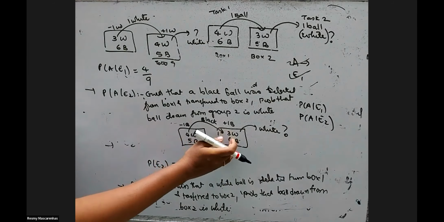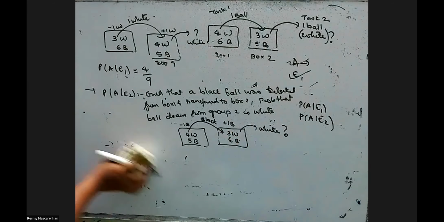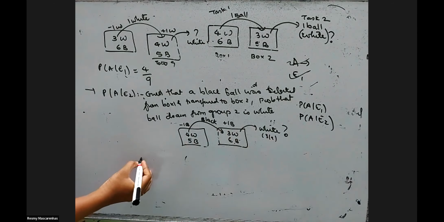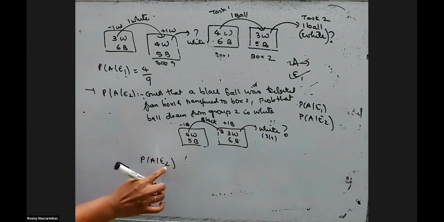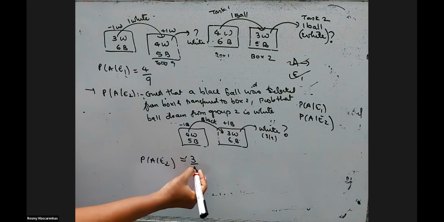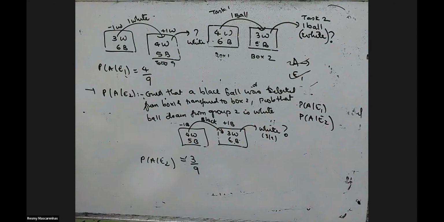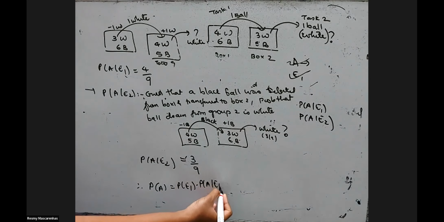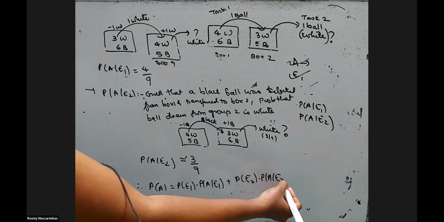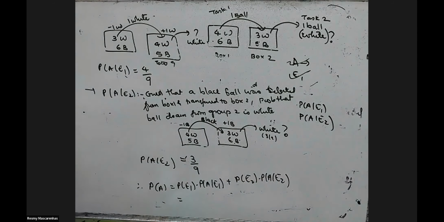White anyways remains 3 out of 9. So P of A upon E2 means when black was transferred, the probability that the ball is white is 3 out of 9. So you got all the 4 things. Now multiply. Substitute.